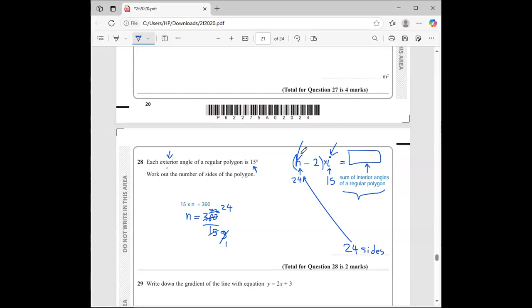In either case, it will give you enough information to find whatever it is asking you. Just remember this formula: n minus 2 times the size of one interior angle will give you the sum of interior angles of a regular polygon. Okay, so I think we can move on now.